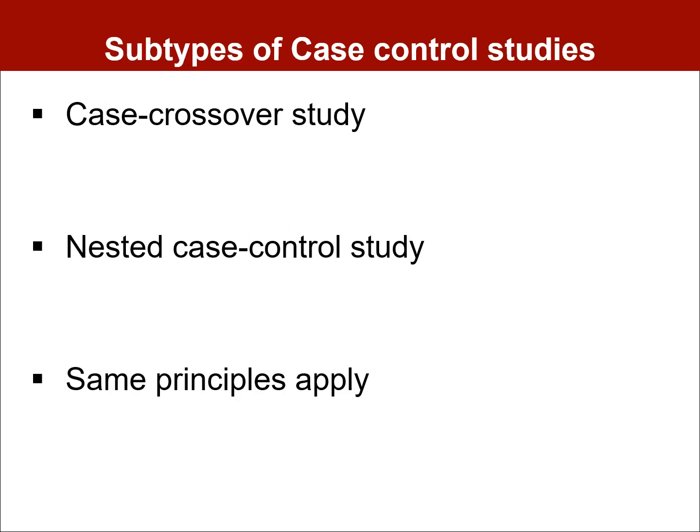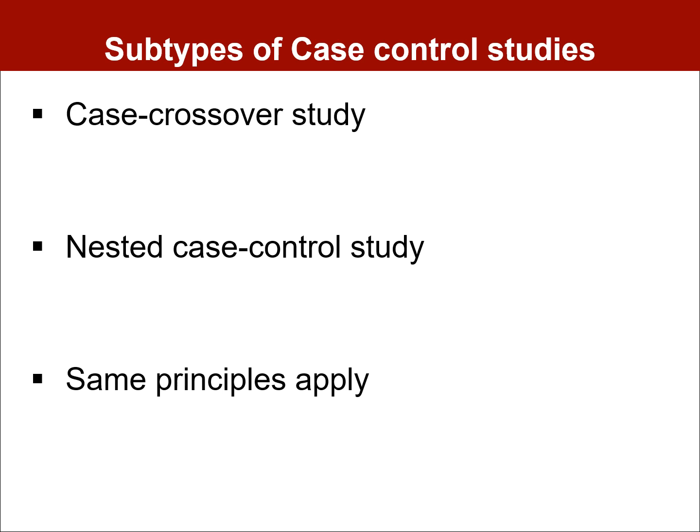Okay, so I've talked about the overview of case control studies, the strengths and limitations, how controls are identified, potential shortcomings of case control study designs, the concept of matching to address some of the potential shortcomings.